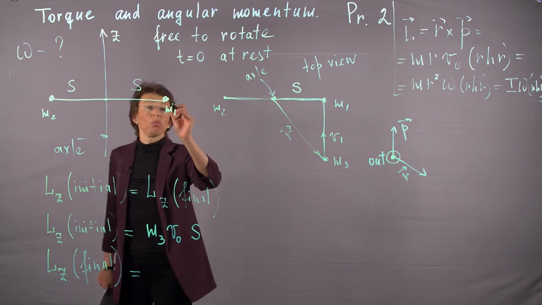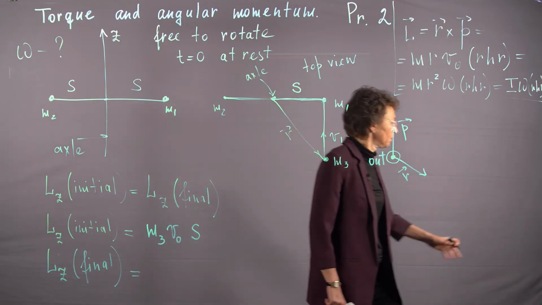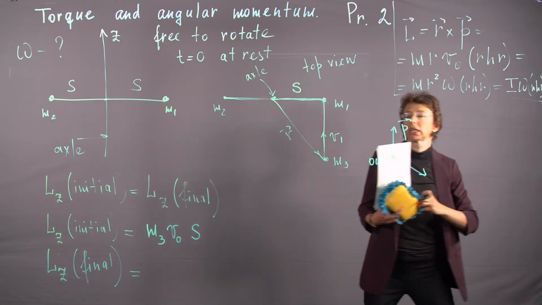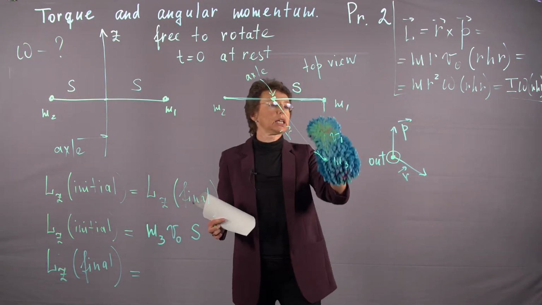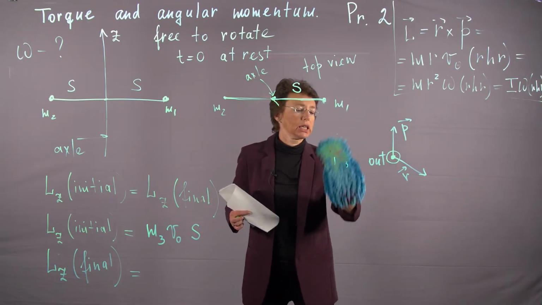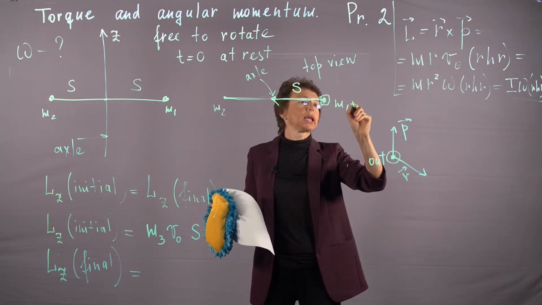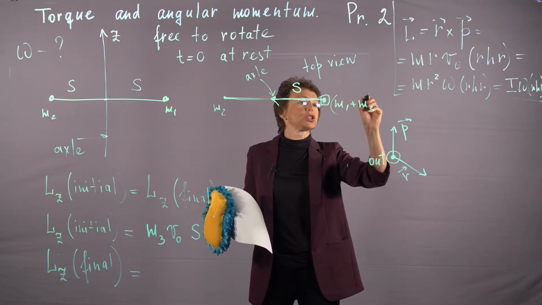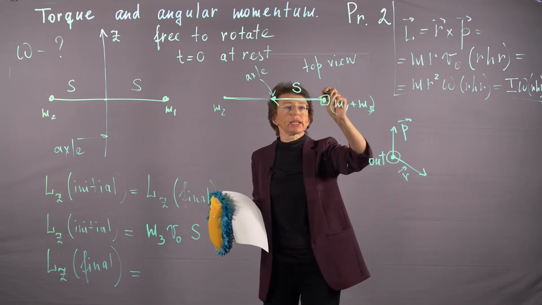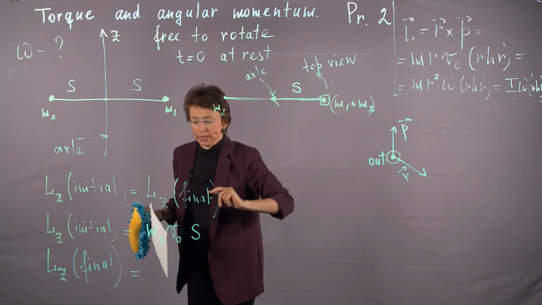So I have M1 plus M3 after the collision. Let me bring M3 here now. So what happens after the collision? Now I have M1 plus M3 moving together. So M3 strikes M1 and then the system starts spinning about this axle.